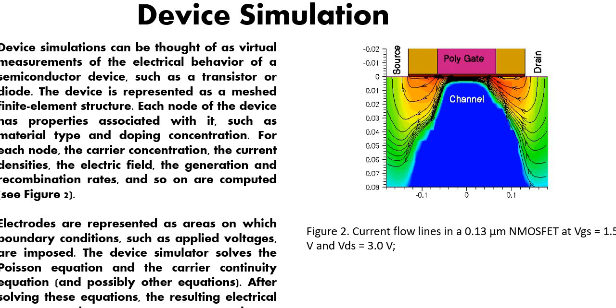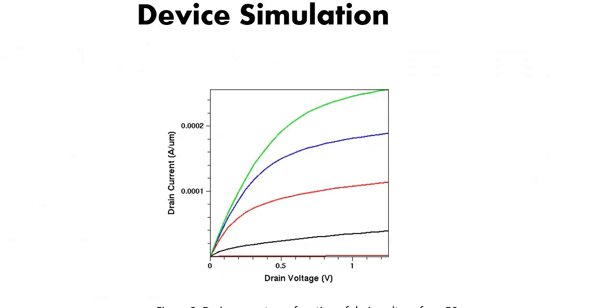The lines that are visible to you show the current conduction from the source to the drain region. In the S-visual we can get this result, which is for the various VGS. This is the result for the drain voltage versus drain current at the various VGS.